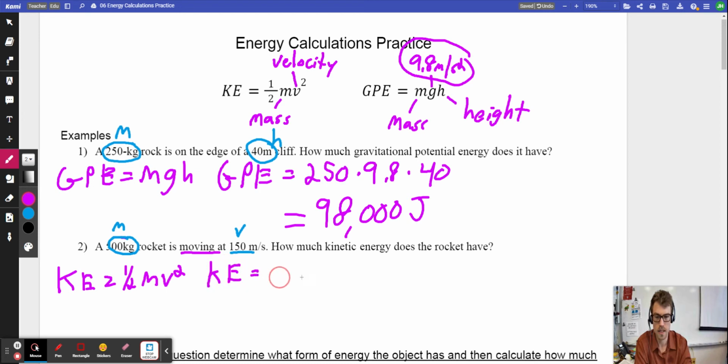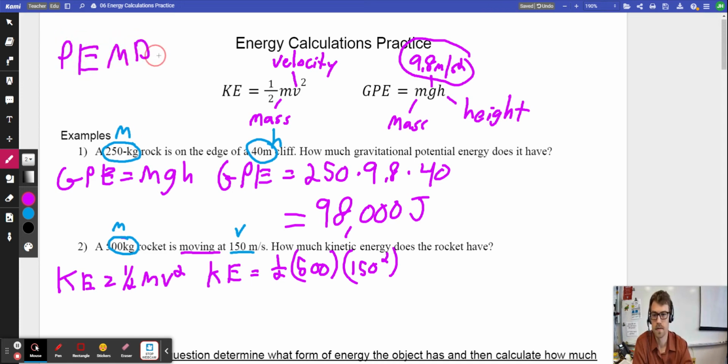KE equals 1/2 times the mass, which is 500, and then that is times the velocity, which is going to be squared. Now, let's remember our order of operations. Remember, we've got PEMDAS, right? Parentheses, exponents, multiplication, division, addition, subtraction.